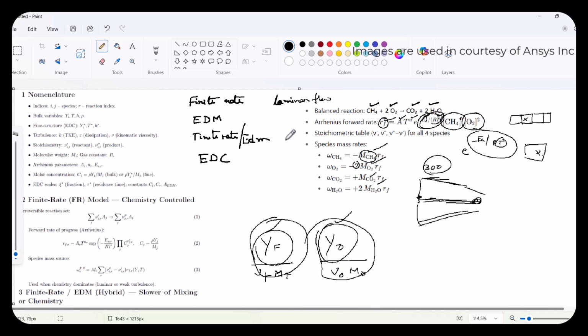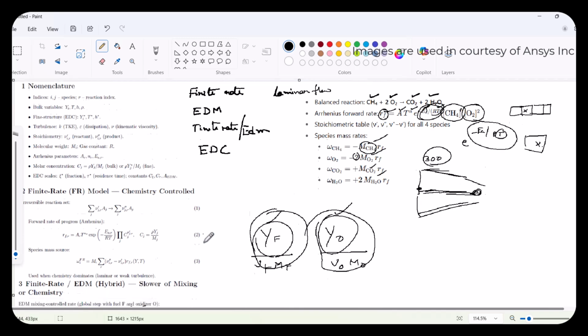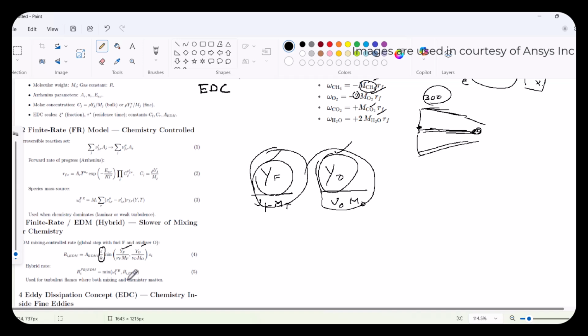The reaction rate is not dependent on these values, but simply dependent on epsilon by K, pure turbulence. So that value it will take and try to calculate.